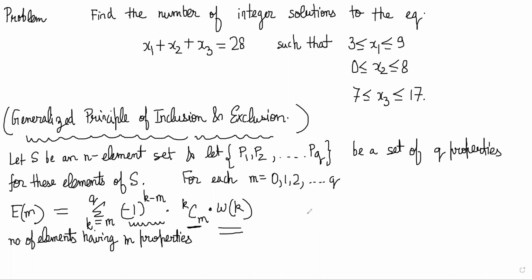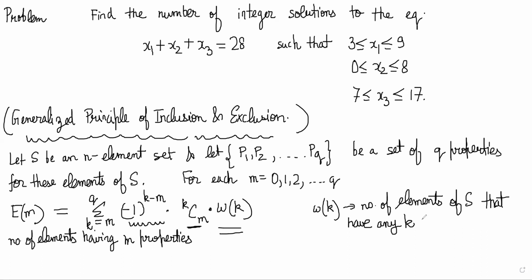What is Wk? Wk is basically the number of elements of S that have k properties, any k properties. So what I mean by that is, maybe there are some elements of S that have one of these properties.